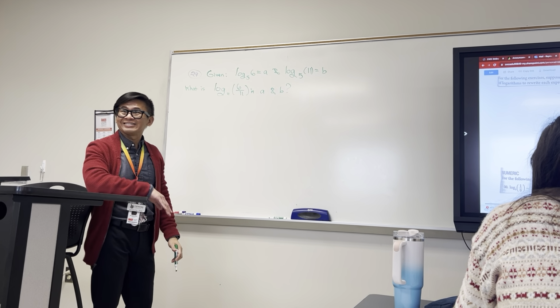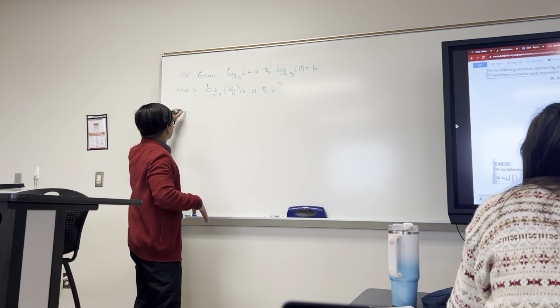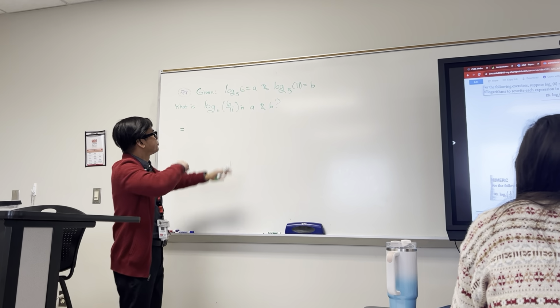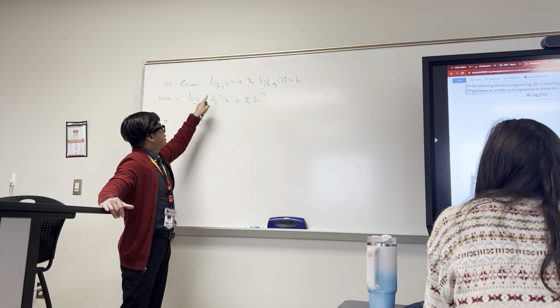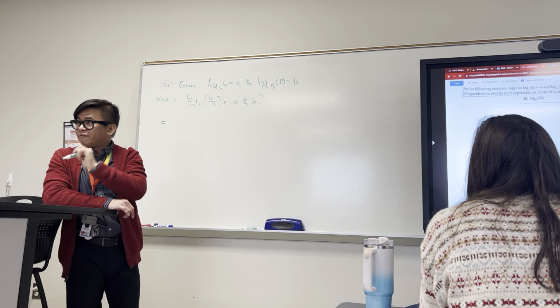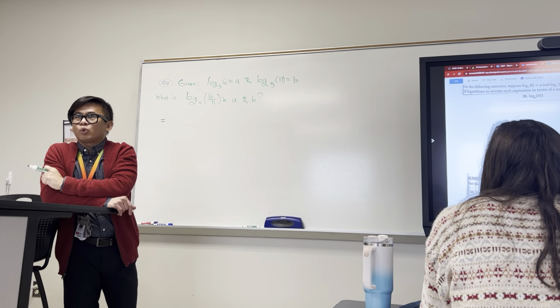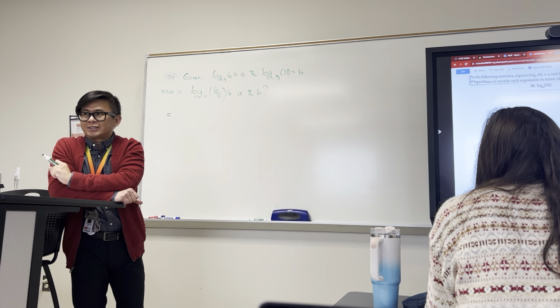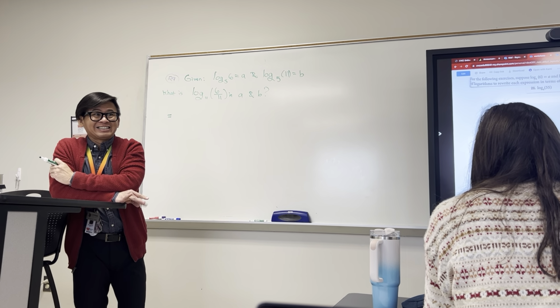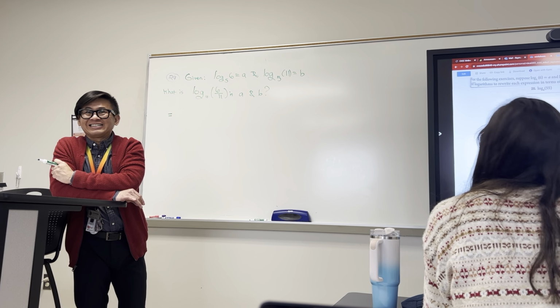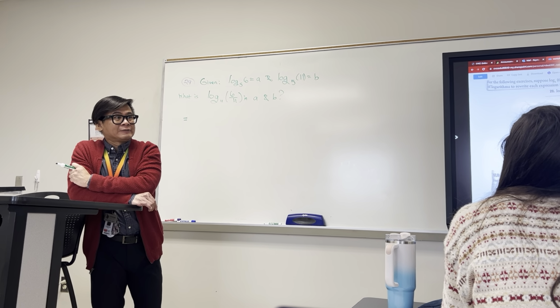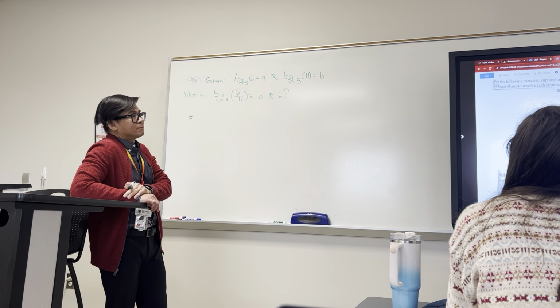How do we do this? So the first thing that we're going to do in here is as follows. Since we see that 6 and 11 are divided, in short, what property of log should we use first? Product, quotient, or power? I don't understand what we're trying to do.